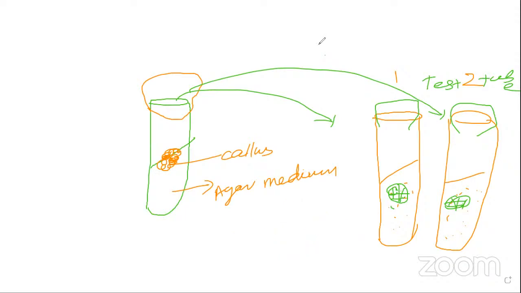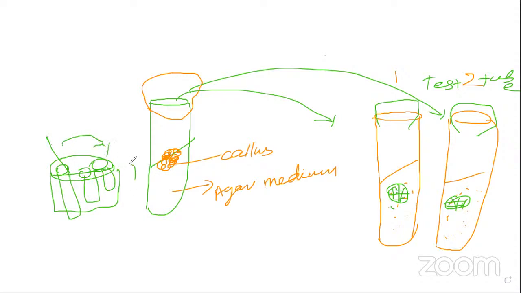The rotator is nothing but a small instrument. There is a small hole, and you place the test tube inside, inserting it. Then it rotates like this.